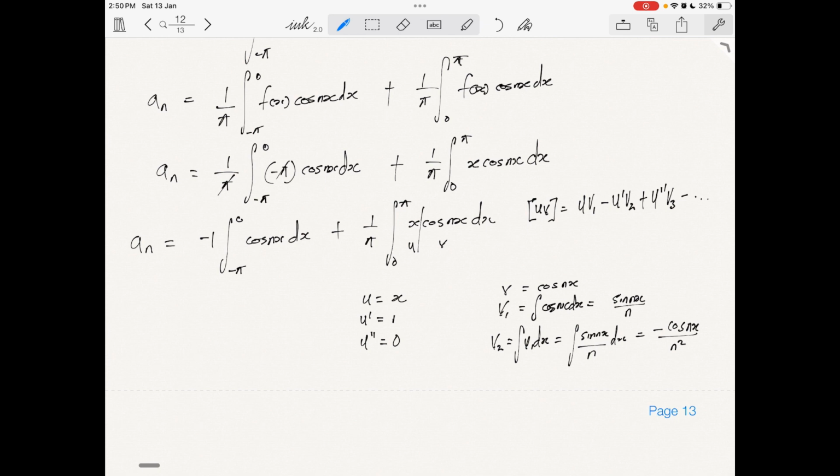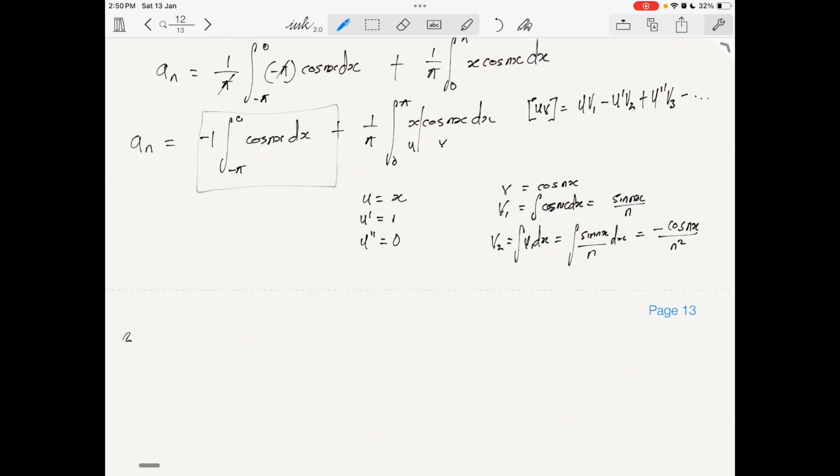So we will take this first to solve. So we have that an is equal to minus 1, and integrating cos nx is sin nx over n, as we have done here, and we are dealing with a range limit of minus pi to 0.